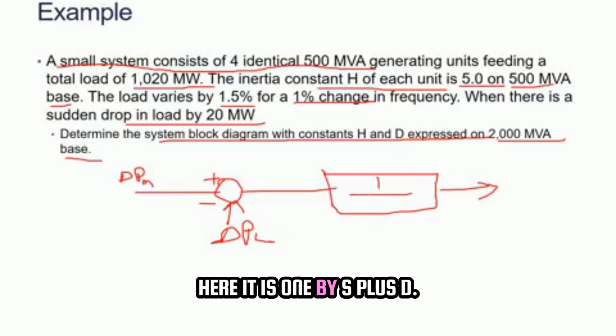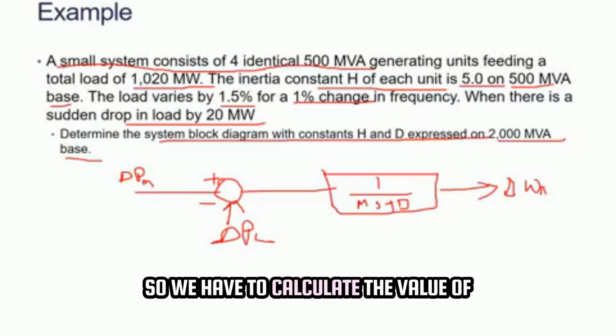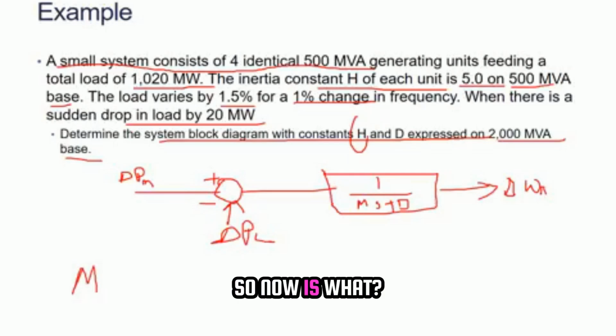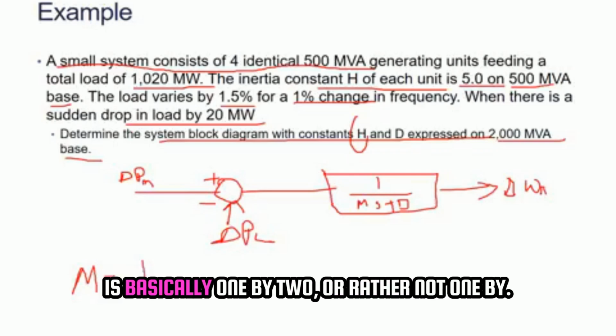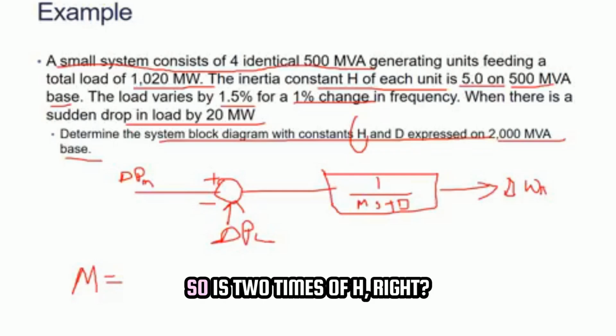Here it is 1 by Ms plus D, and this is delta omega R. So we have to calculate the value of M and D on 2000 MVA base. So now M is what? M is just 2H. So M is 2 times H.